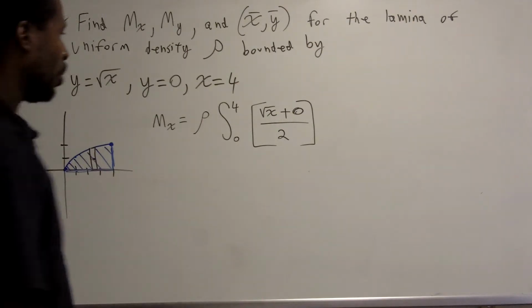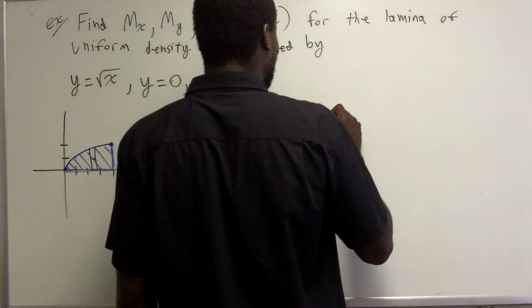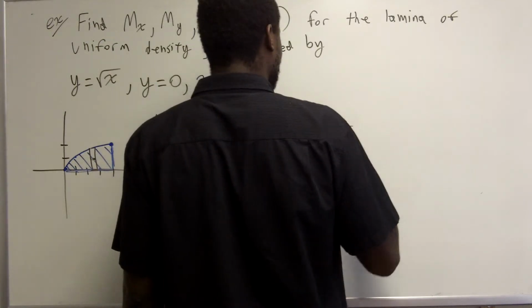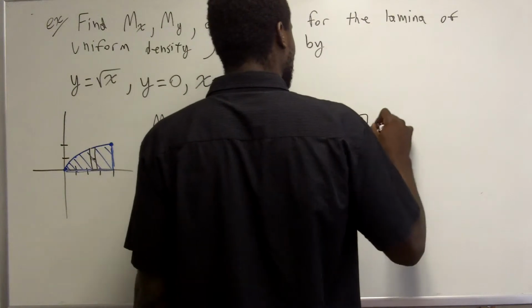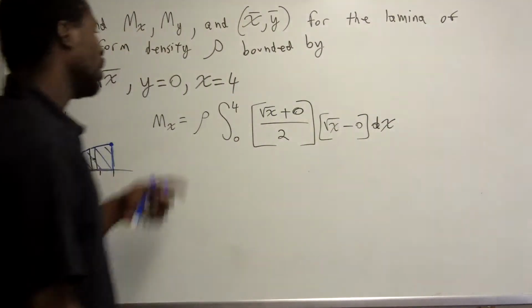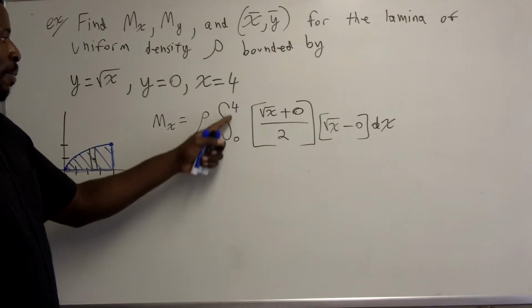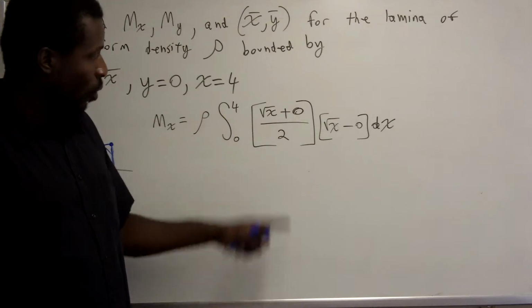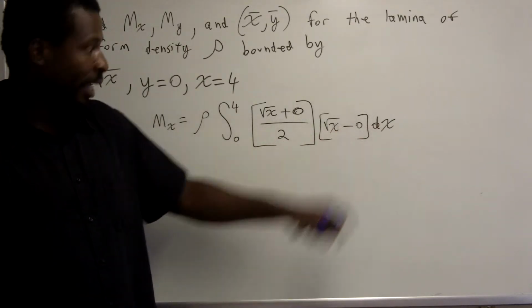And then we're going to multiply that by f of x minus g of x, which in this case is the square root of x minus 0 dx. So this is going to give me my Mx. It's rho times the integral from a to b of (f of x plus g of x) over 2 multiplied by (f of x minus g of x) dx.